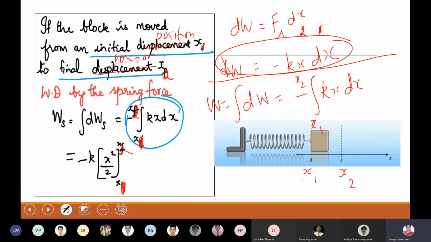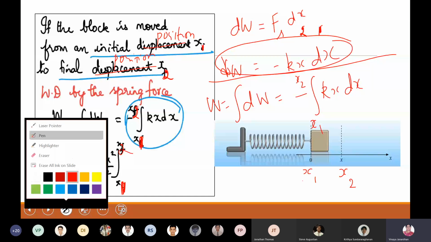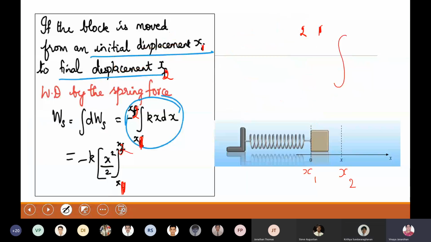W is the total work done when the spring moves from position x1 to position x2. Now, how will I evaluate this integral? What is the general equation? Integral of x dx will be equal to x squared by 2, correct?